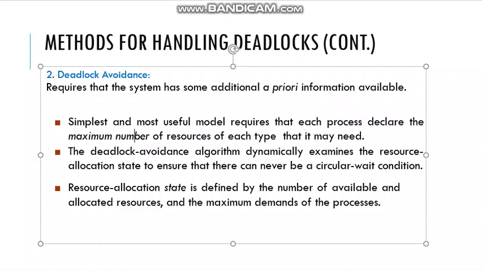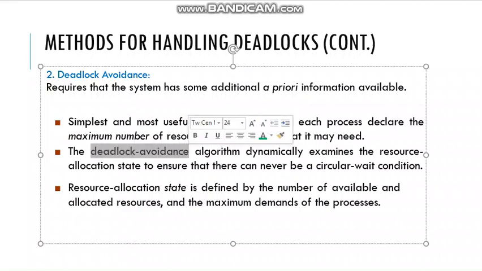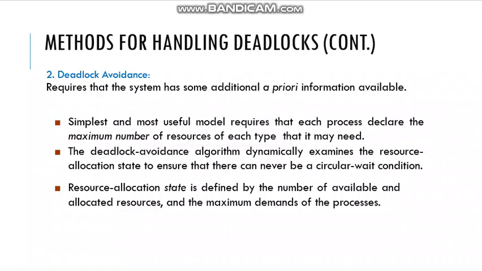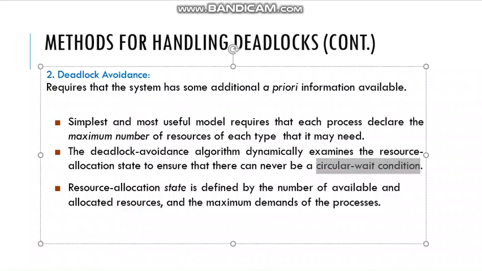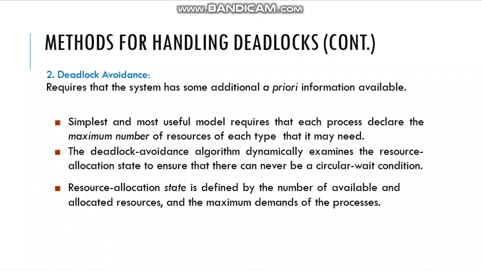Then we will apply the deadlock avoidance algorithm. Before giving any resources to a process, we will check in what way we can allocate those resources to the processes so that a circular wait should not happen. That is the main criterion.